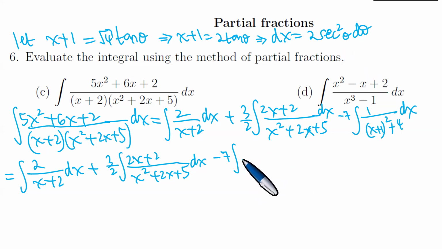Right, and at this point in the denominator, you're going to have what? Wherever there is x plus 1, you're going to put 2 tan theta. And then you square that. We have the 4. What is dx? dx is 2 secant squared theta d theta.